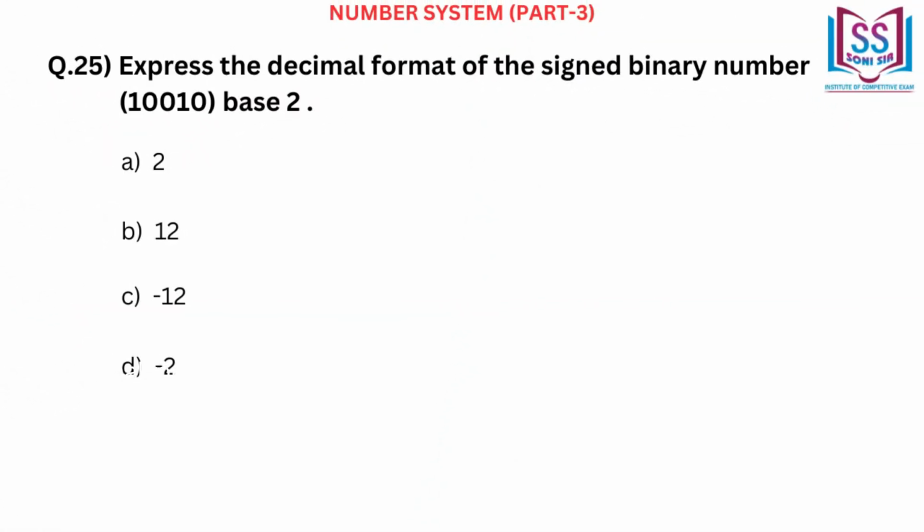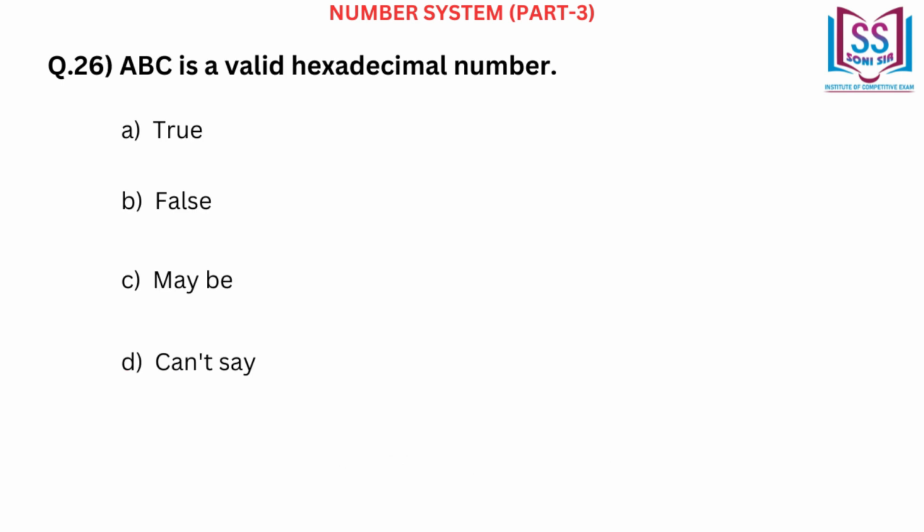Express the decimal format of the signed binary number 10010 base 2. A 2, B 12, C -12, D -2. Correct answer D -2. ABC is a valid hexadecimal number.